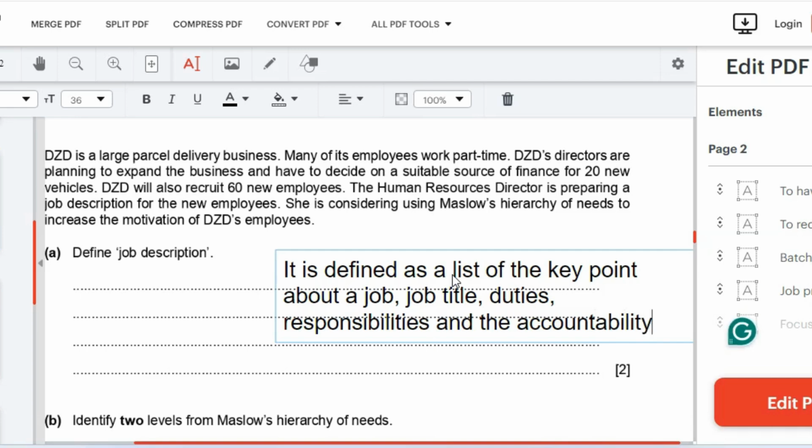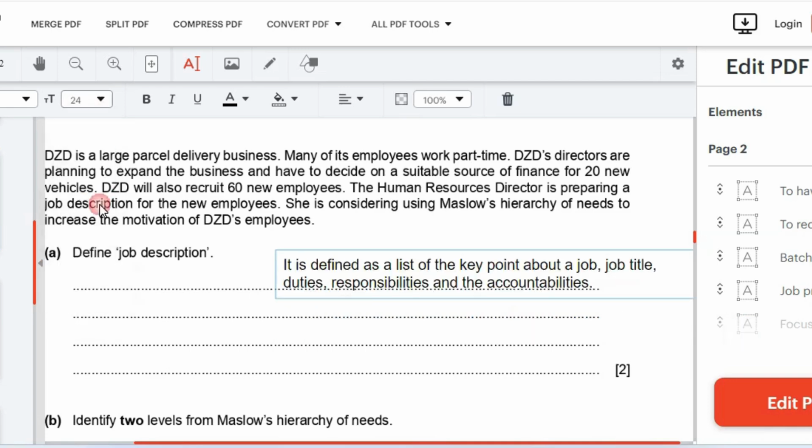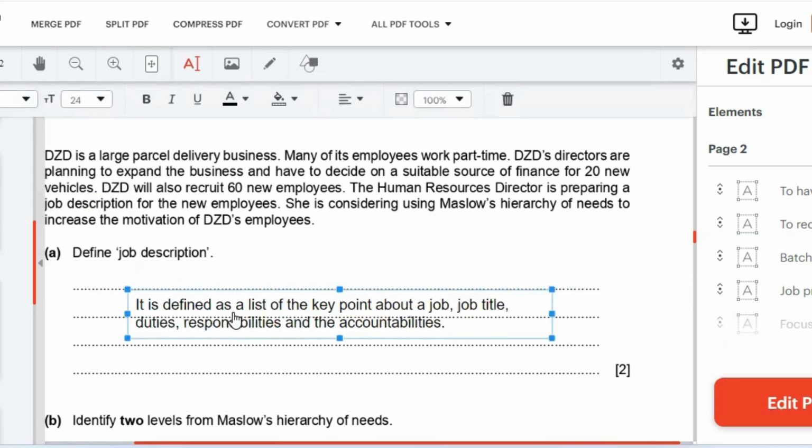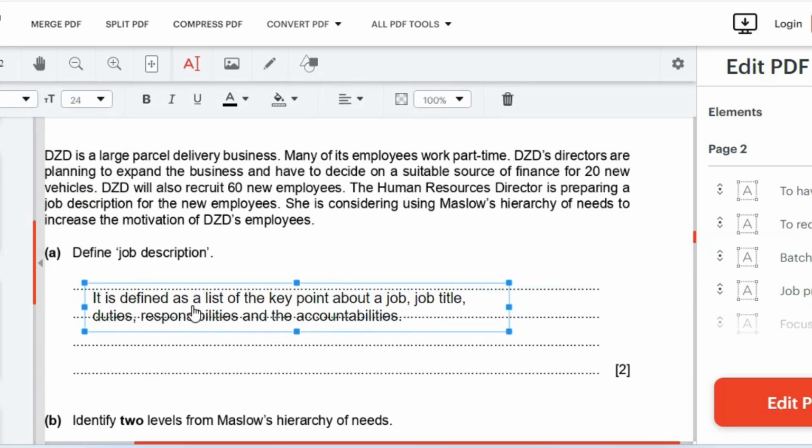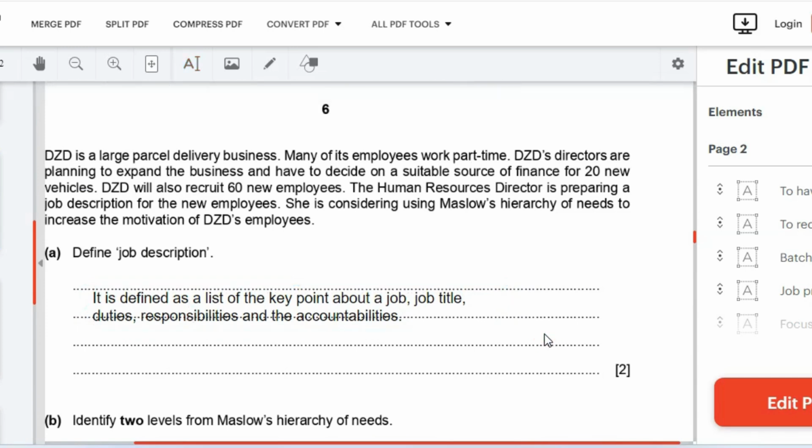That is a simple explanation for job description. Job description can also be defined as an outline of the responsibility and duty to be carried out by someone employed in order to do the specific job.